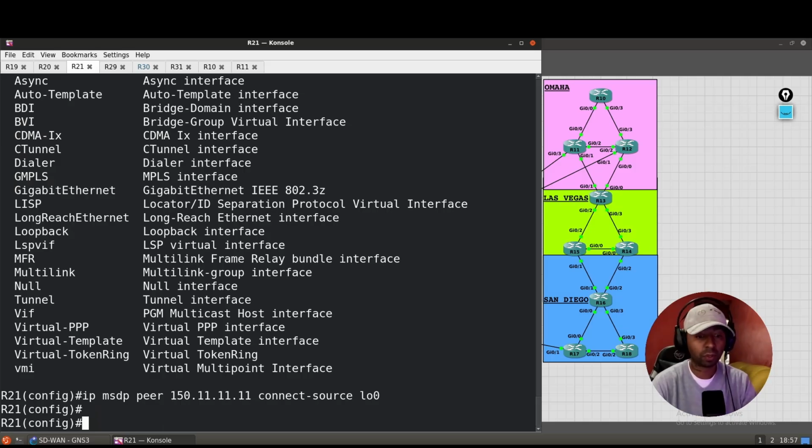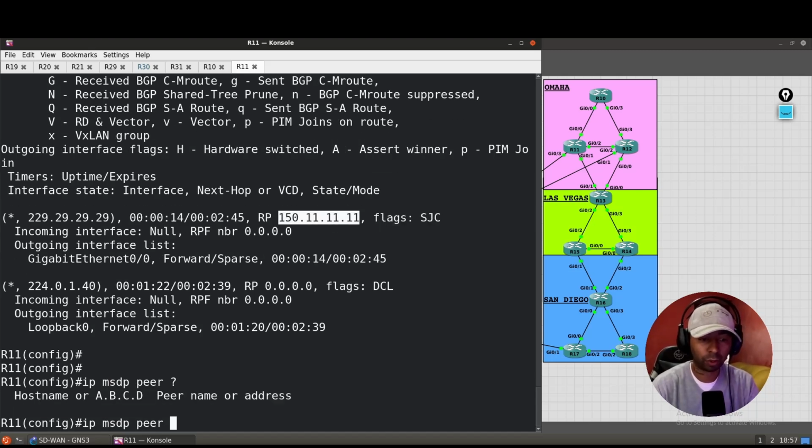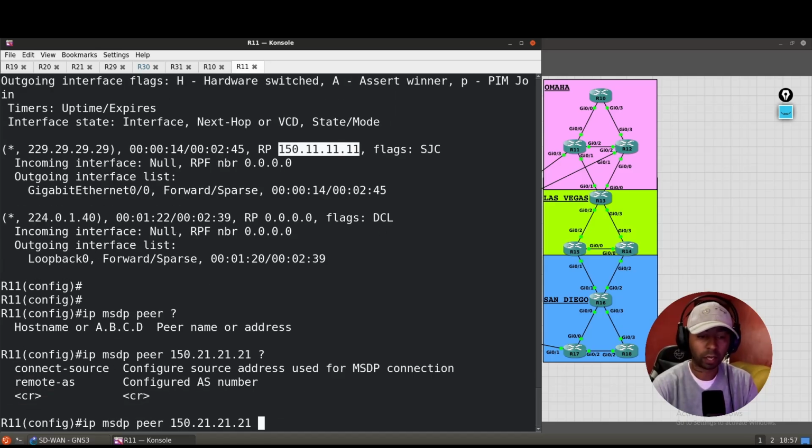So let's do this configuration on the other side too. Router 11. IP MSDP peer, and then we are going to use the host name that is 150.21.21.21. What else? Question mark, and connect-source loopback 0.